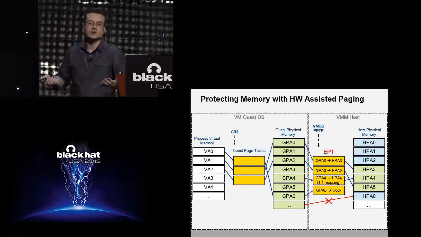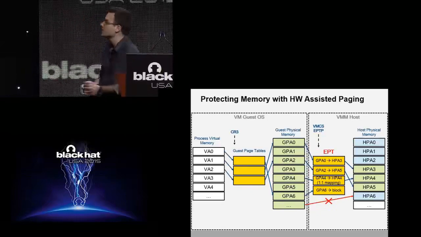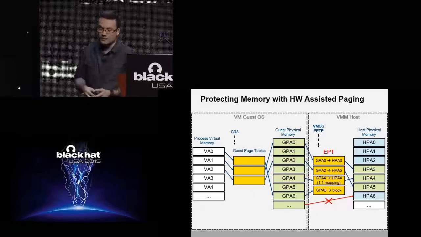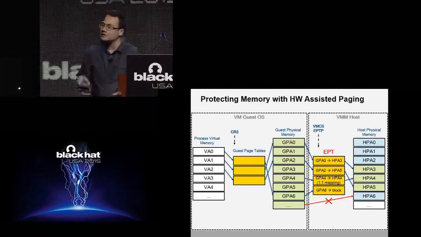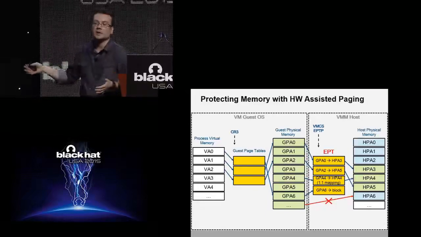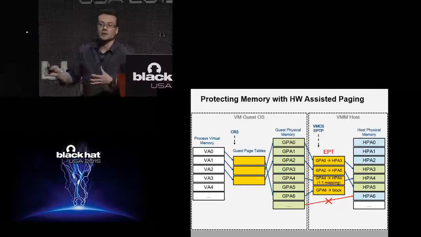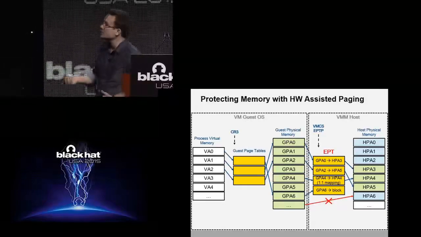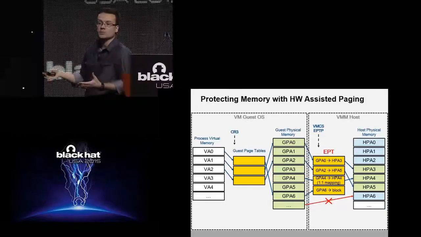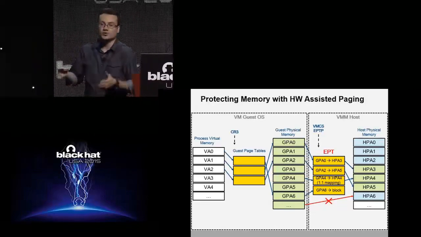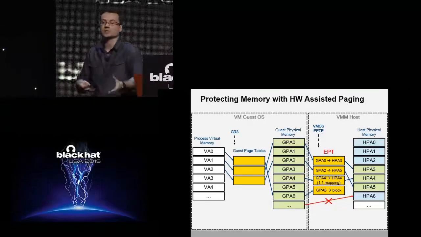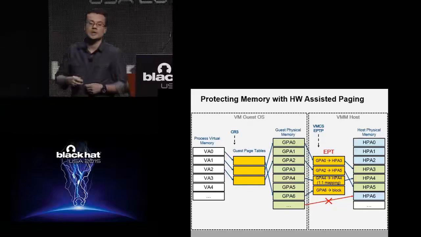Those are guest physical addresses, or virtual physical addresses. And those guest physical addresses are translated by another structure, which is basically mirroring the regular page tables and is maintained by the hypervisor. That structure translates the guest physical addresses to the actual host physical addresses.